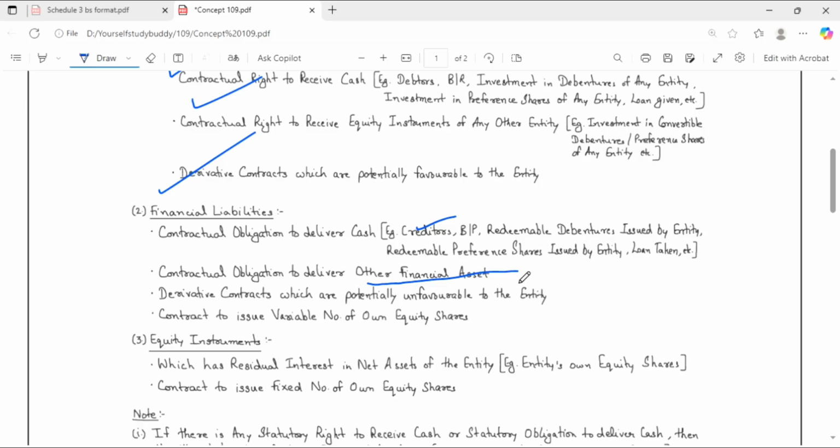So for the goods I have purchased from the vendor, I will pay that vendor by giving my equity shares. Okay, so there is a contractual obligation to deliver another financial asset, and that will also be classified under financial liability.